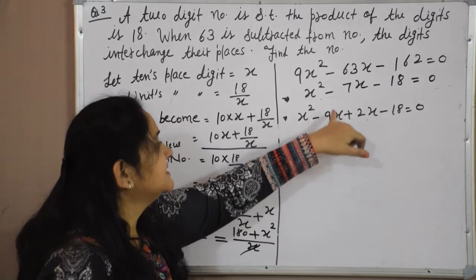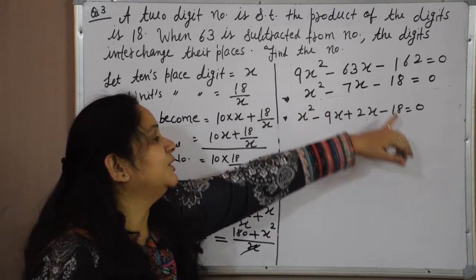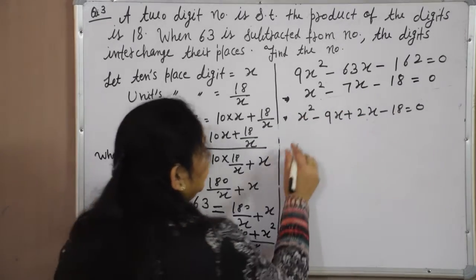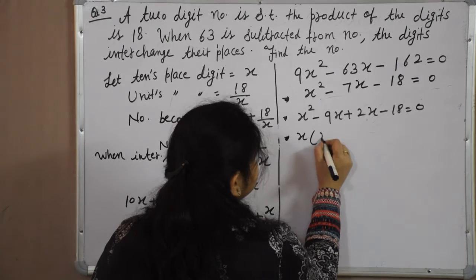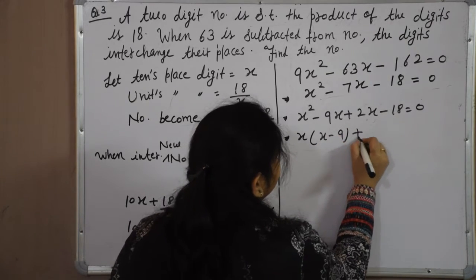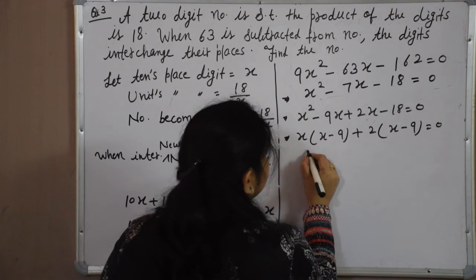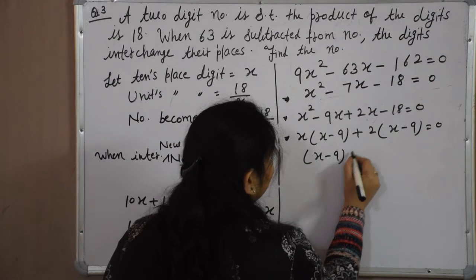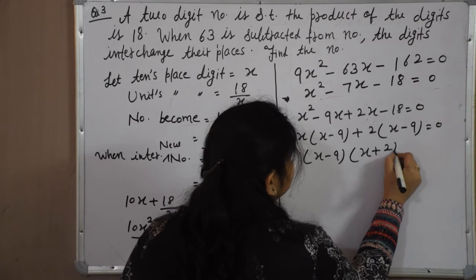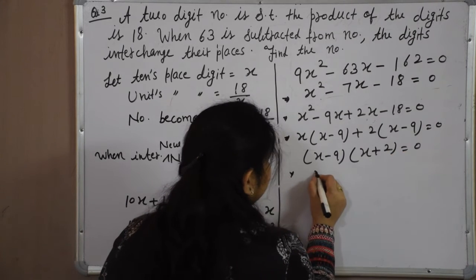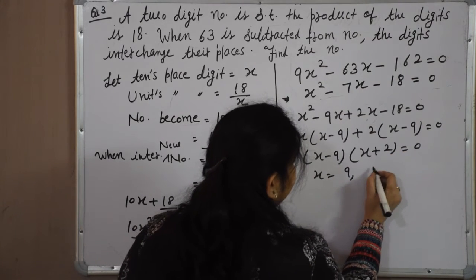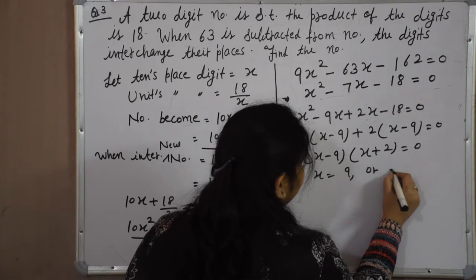See, the sum is minus 7 and the product is minus 18. From here we take x common, x minus 9, plus 2 common, x minus 9 equals 0. Now x minus 9 is common, x plus 2 equals 0. This implies x is equal to 9 or x is equal to minus 2.